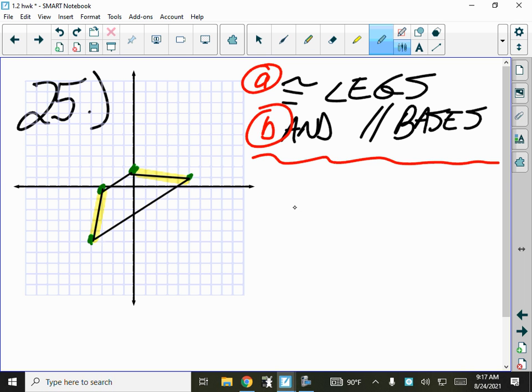I'm going to show that they're the same length. Ready? So can I call this, what letters do you want to start with? L, M, N, O. No, I don't want that. P, Q, R, and S.